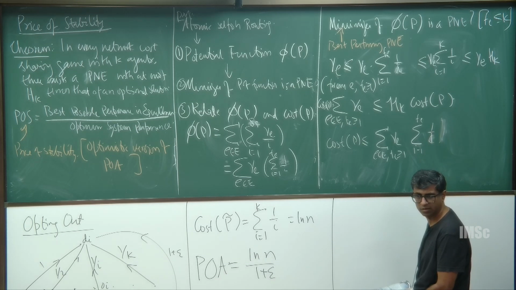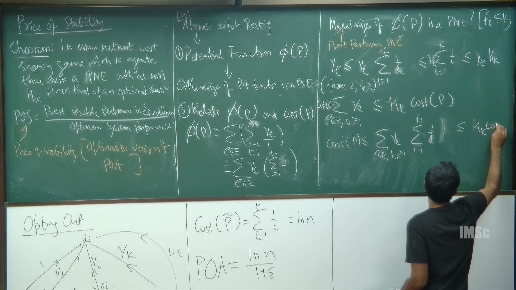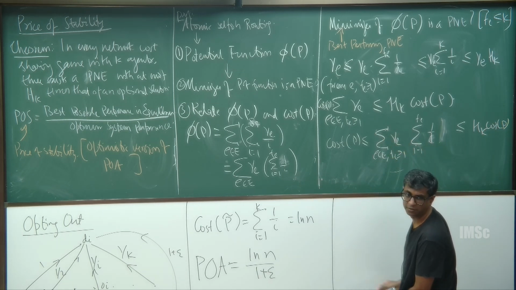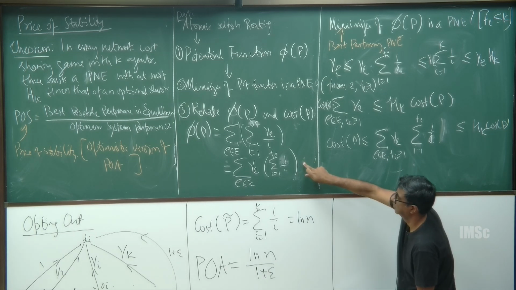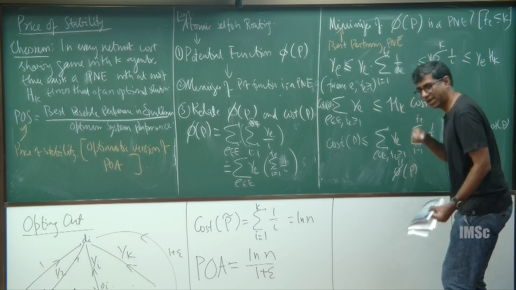I can say this, but what is this quantity? That is exactly phi of P. This is the quantity which is phi of P by definition here, right. So, this is phi of P.